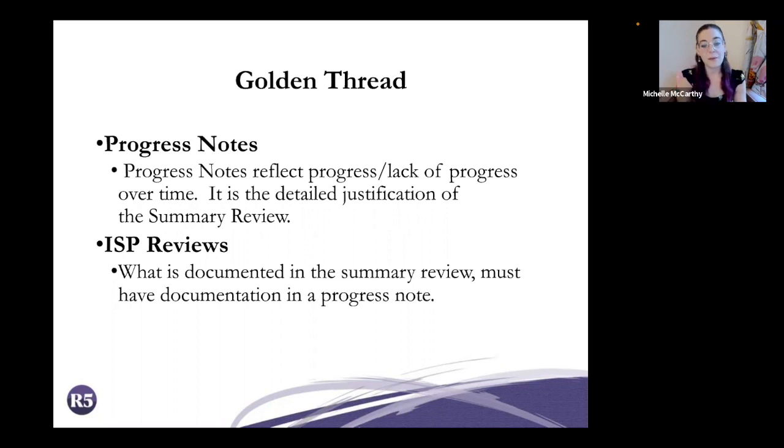So when we do a summary review and we say, Susie has not progressed towards this identified objective yet, our notes should be reflecting what we were trying to do or what we did so far towards that objective. Or if we say Susie has made significant progress towards this goal, our progress notes are going to show the interventions, the actual work we did to get them to that point, which is why they all tie together.